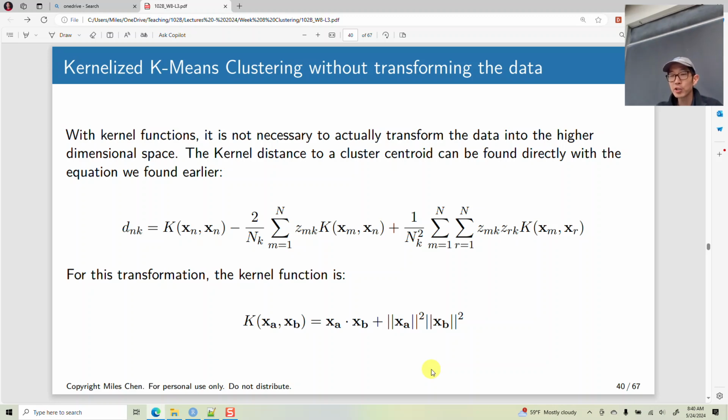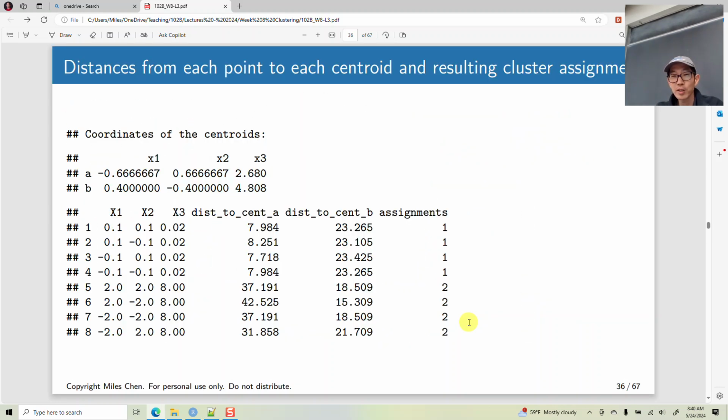Okay, and I'm going to try to show you that we could leave everything in 2D, and by using this kernel function, we can get the distances to the centroids without actually calculating the location of the centroid. So the values I want you to remember are the values on this page 36.